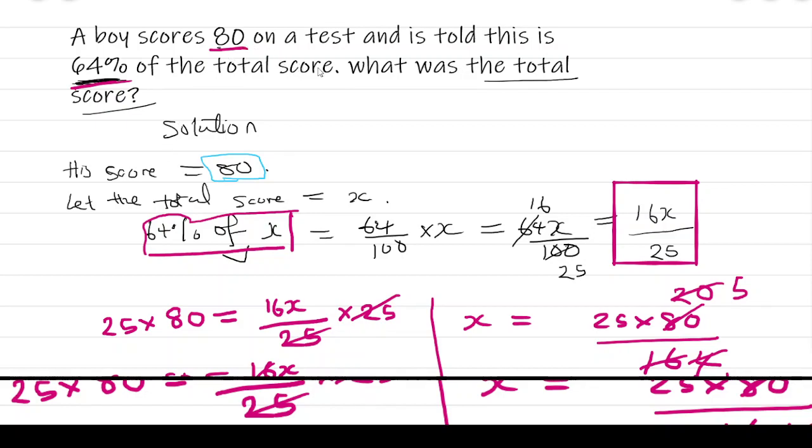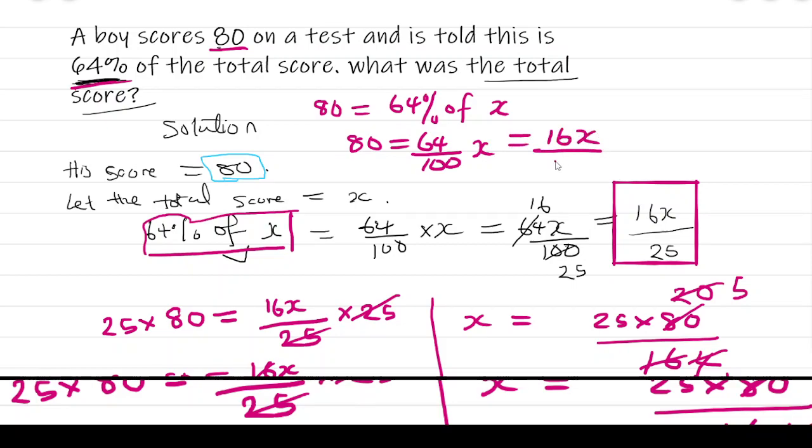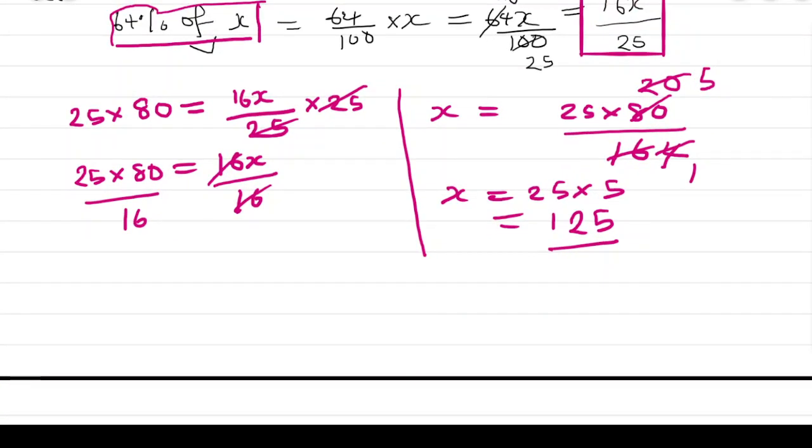What we did is that we just wrote 80 separately, and then this 80 is equal to 64% of x. That is what we are told. And therefore this 80 should be 64 over 100 multiplied by x. Of course, this gave us 16x over 25, which led us to this part here where we did a lot of simplification.